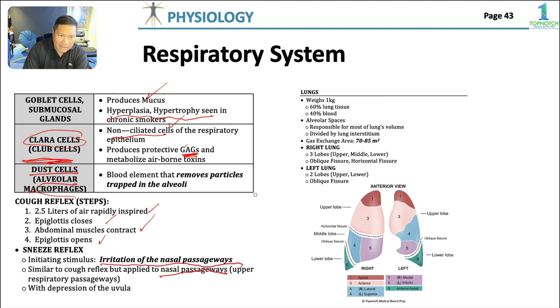Okay? Next, the lungs. You have two lungs, right and left lung. The right lung will have three lobes. Okay? Upper, middle, lower. The left will only have two lobes, upper and lower, because of the position of the heart. Okay? Now, hindi importante actually ang lobes. Mas importante yung tinatawag natin na bronchopulmonary segments.